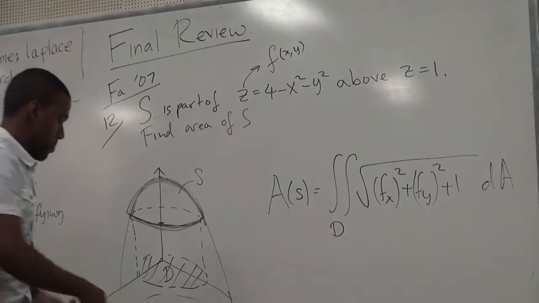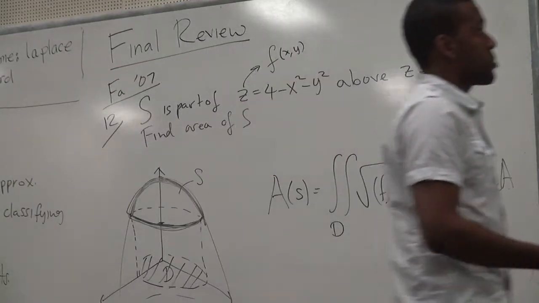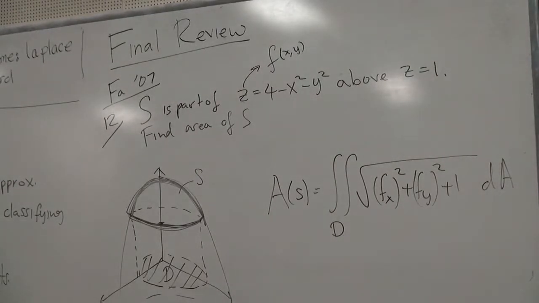Right. So set the equation equal to 1 to find the intercept. Correct. So for D, we set 1 equal to 4 minus x squared minus y squared.